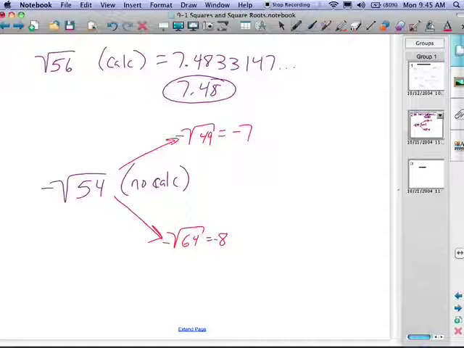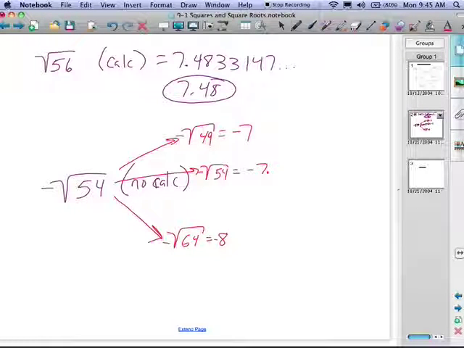We want to find where 54 fits in between 49 and 64. 54 is 5 units away from 49, but 10 units away from 64. So we know it's going to be negative 7 point something.